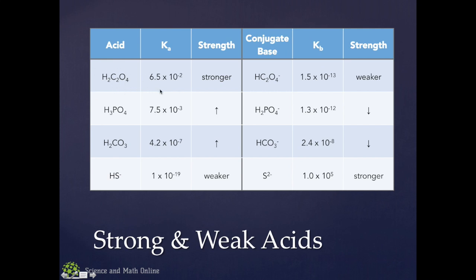It's relatively strong, -2. Its conjugate is really weak, -13. In contrast, carbonic acid, -7, its conjugate's pretty similar. And then this is a hydrogen sulfide ion. Its sulfide ion is a much stronger conjugate base. And so they kind of go in opposite directions, as you see there.